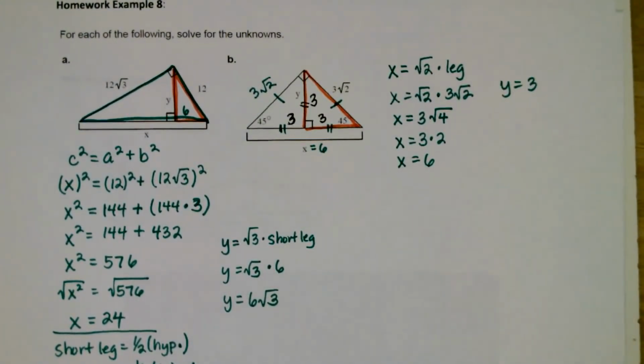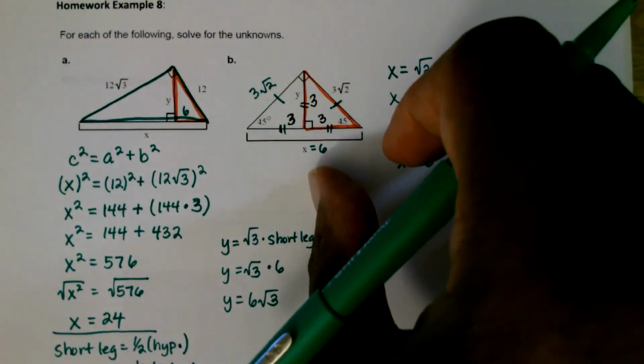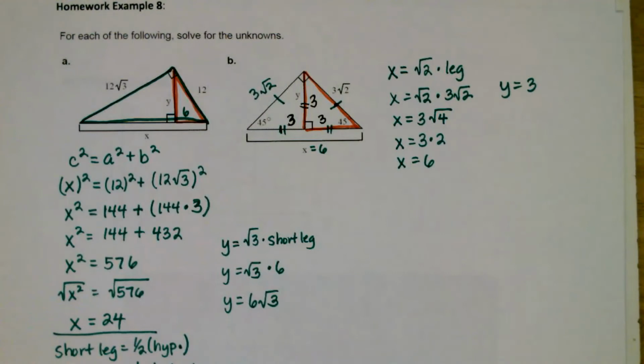So your y has to be 3. So x is 6 and y is equal to 3. So this is one of those 45, 45, 90 relationships that I use here in part B, but in part A, I use the 30, 60, 90 relationship to get the answers.